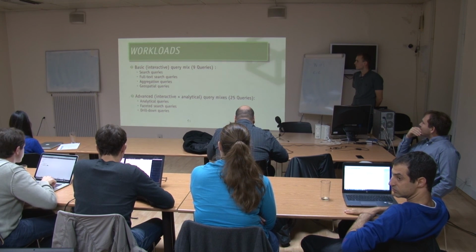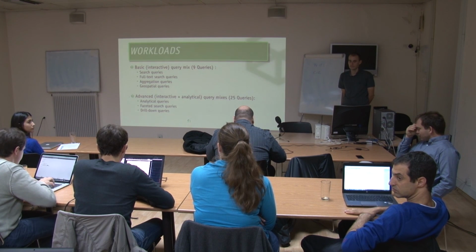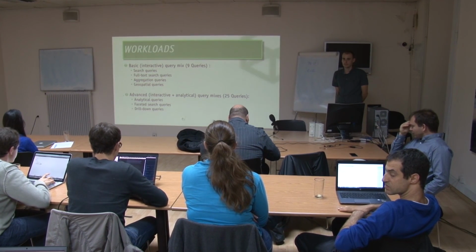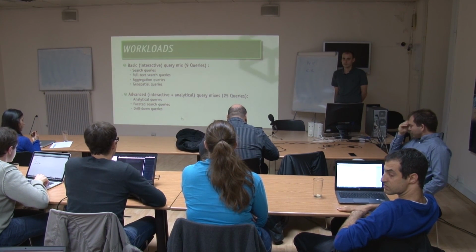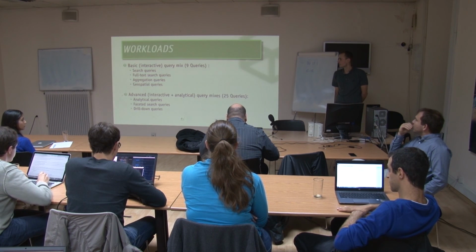Then analytical is the third one, and update queries being the fourth. You're always supposed to get the update query mixes and have update agents that do the updates. And then you have a choice among the three read query mixes: interactive basic, interactive advanced, and analytical. Which of those do you want to get?